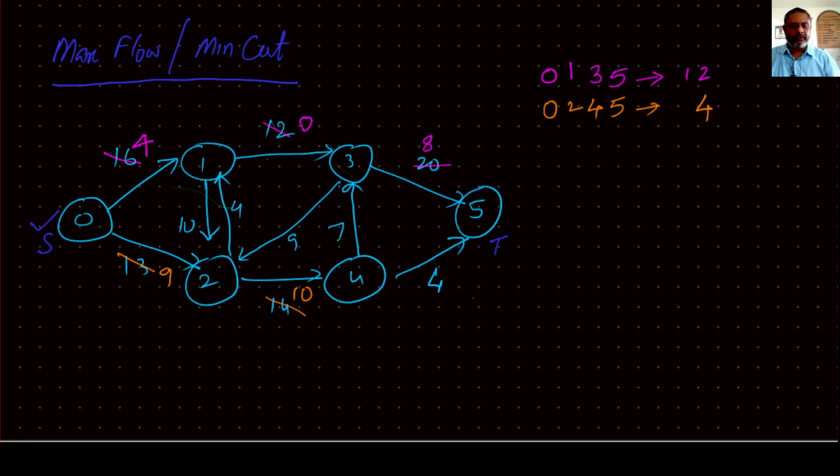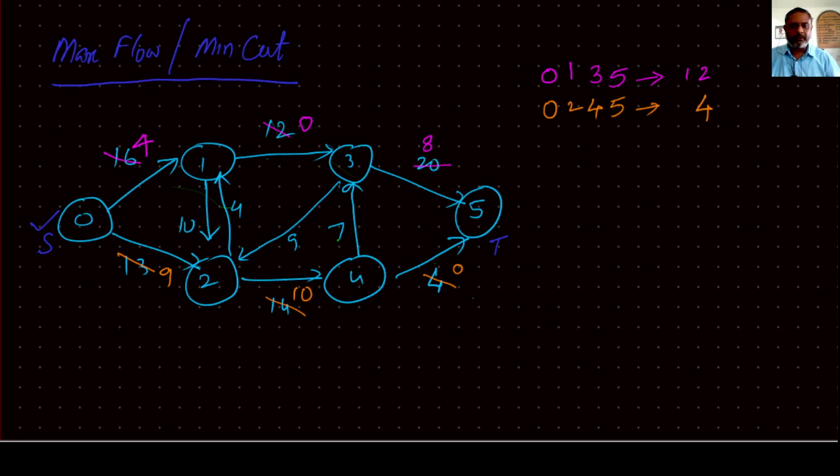What else? There is 9 remaining here, there is 10 remaining here, there is 4 remaining here. If we come to this, these four you can take up through this: 0 to 1, 1 to 2, 2 to 4.